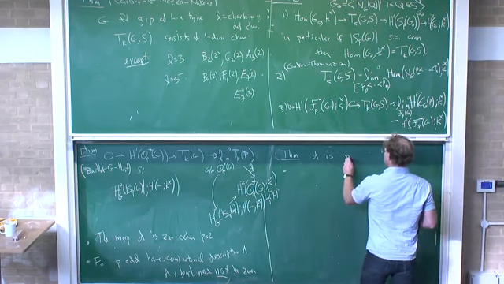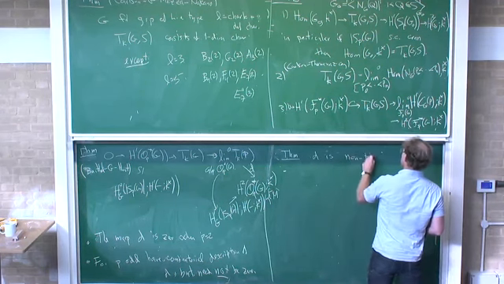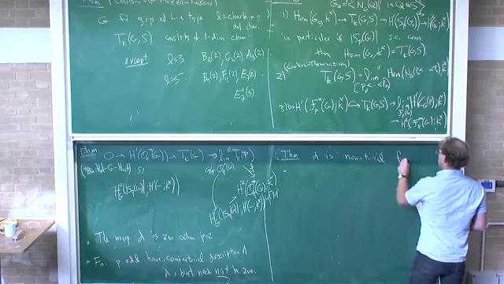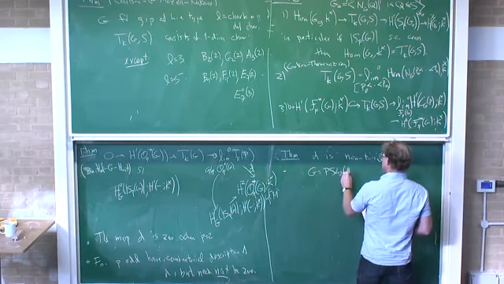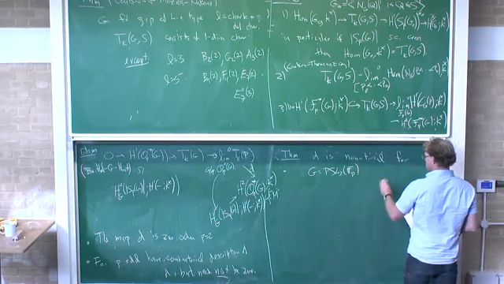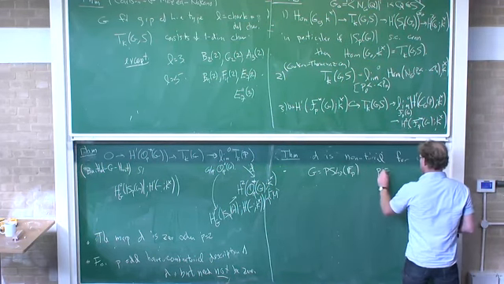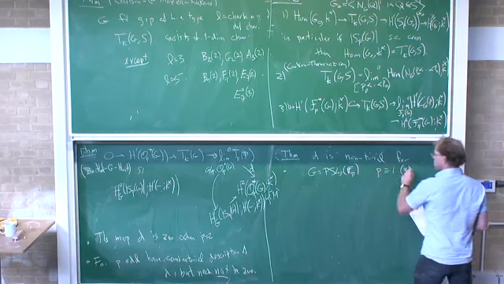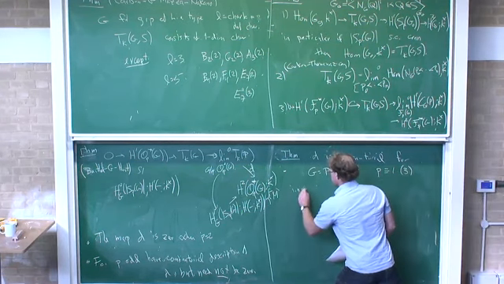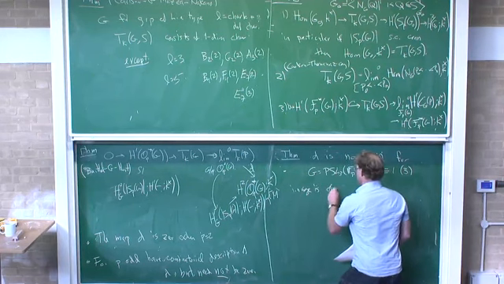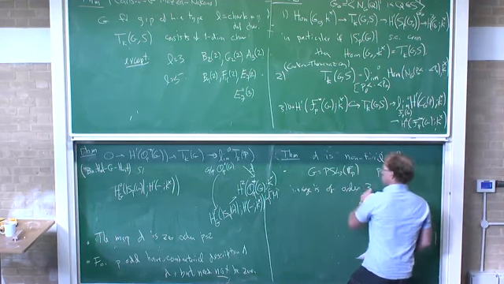D is non-trivial for G equal to PSL2(F_p), and p is congruent to 1 mod 3, so it has an image of order 3.